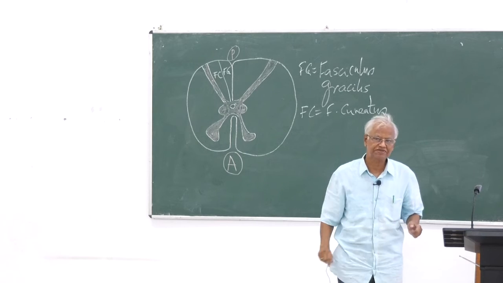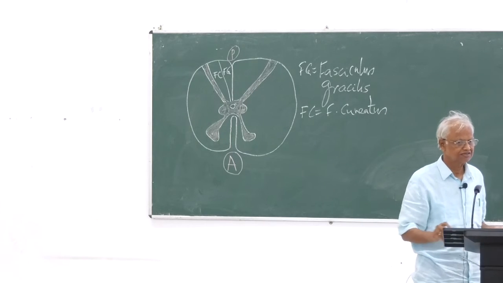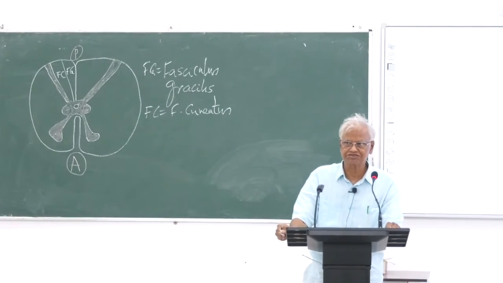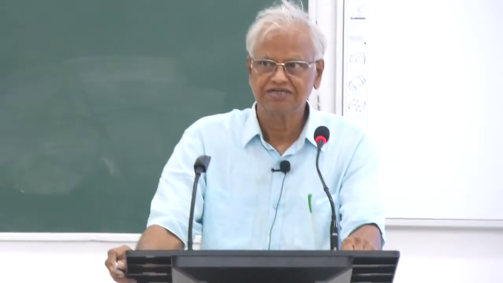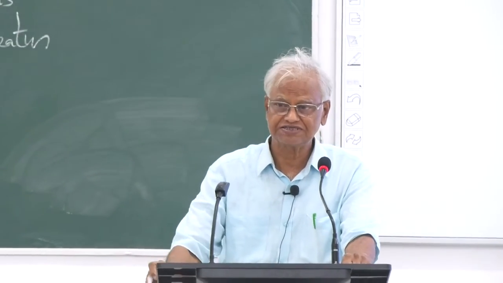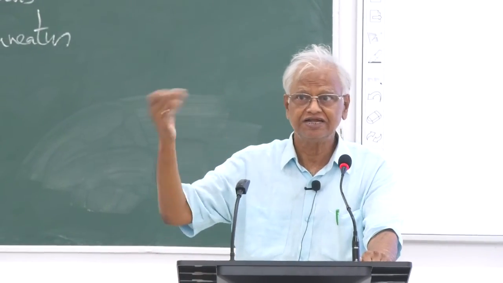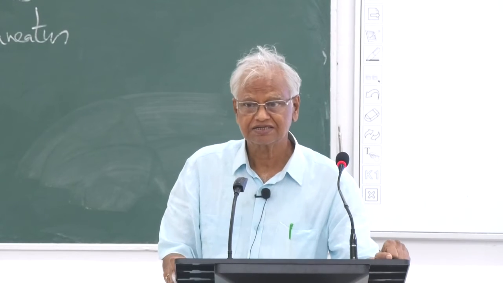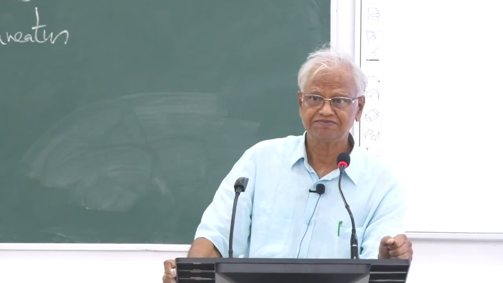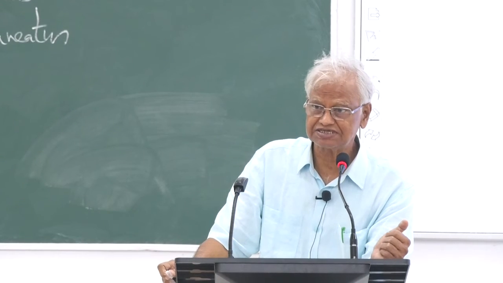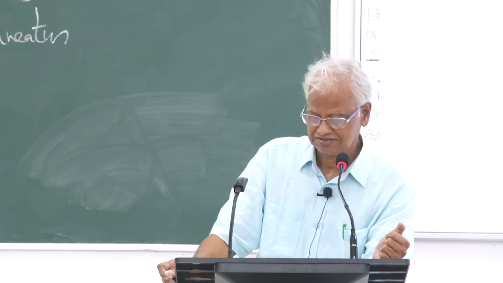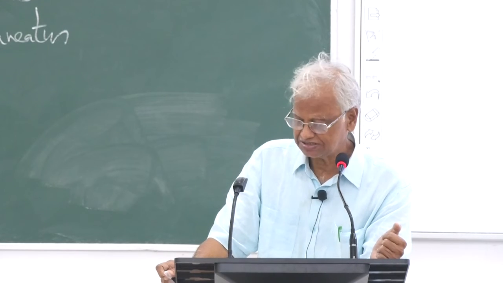At the top of the spinal cord there are two nuclei, nucleus gracilis and nucleus cuneatus. The fibers in the fasciculus gracilis end in the nucleus gracilis, and fibers in the fasciculus cuneatus end in the nucleus cuneatus.